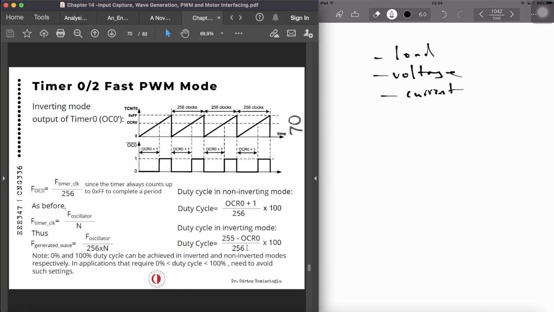Now, the one thing about the fast PWM mode is that 0% and 100% duty cycle can be achieved in the inverted and non-inverted modes respectively. But in the application, if you require a duty cycle between 0% and 100%, you cannot achieve that. You should avoid it. So there are some limitations in the fast PWM as well.